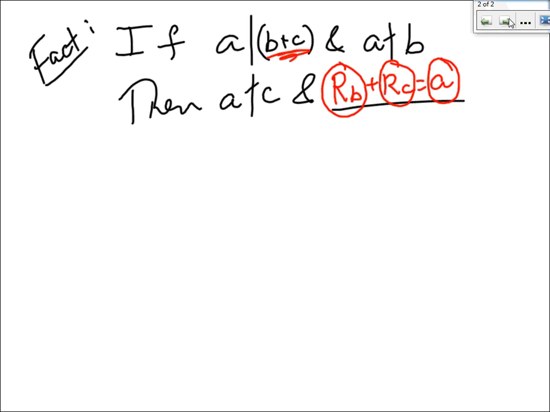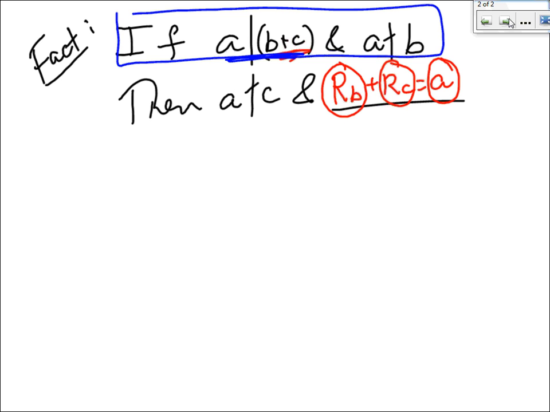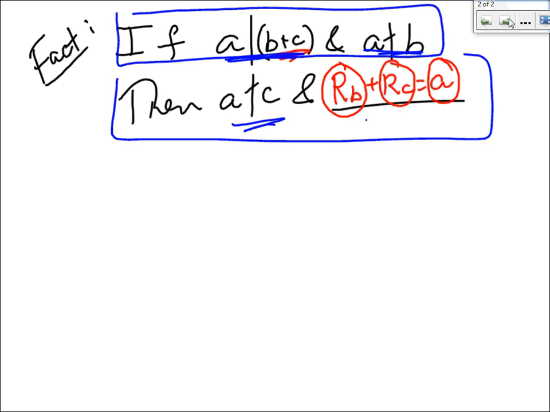So I'm going to assume those two statements on top are true, 1 and 2, and then I'm going to conclude that these two statements are true. Okay, so proof.